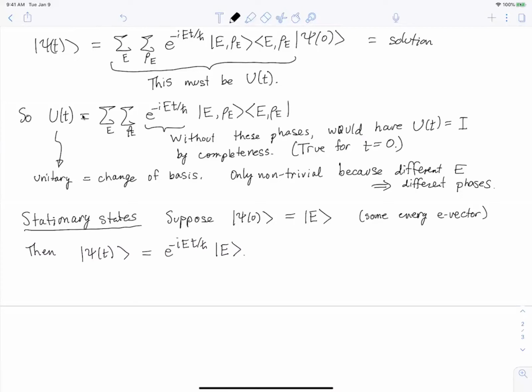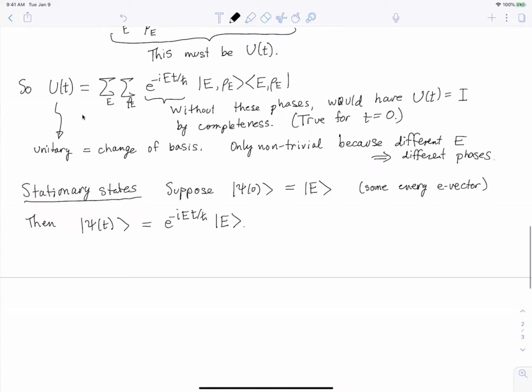So one thing we've mentioned is that when you multiply by a single phase for the whole state, it has no physical effect. And let's sort of prove that by asking what happens if we measure some observable. And we don't have to be specific about what the observable is. We just say, suppose we measure A at time t.